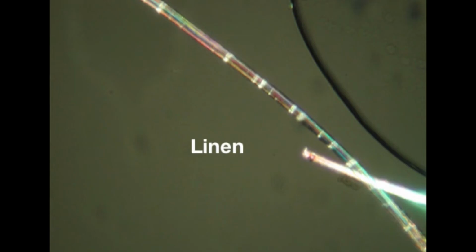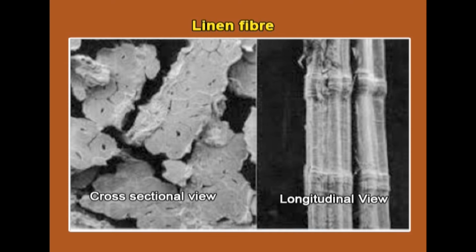In case of linen, when viewed longitudinally, it looks like a bamboo cylindrical structure with defined cross marks, and the cross section is polygonal in shape, and it consists of ultimate cells. That means that around 10 to 40 cells make an ultimate cell, and it is going to be polygonal in shape.